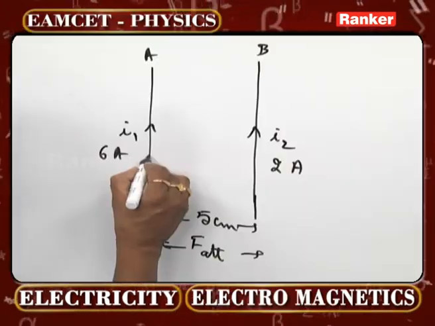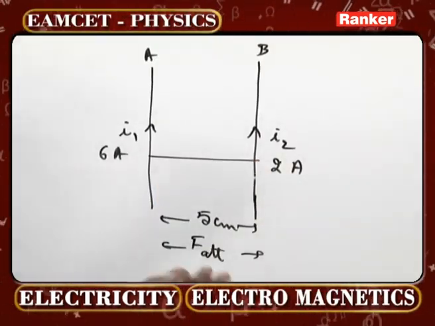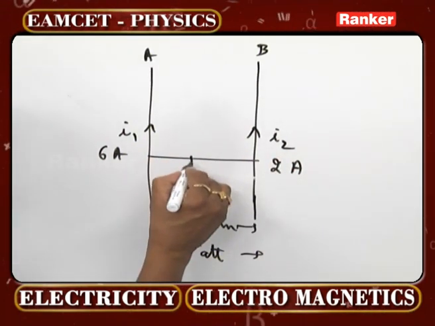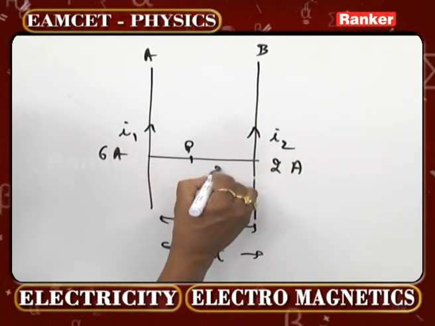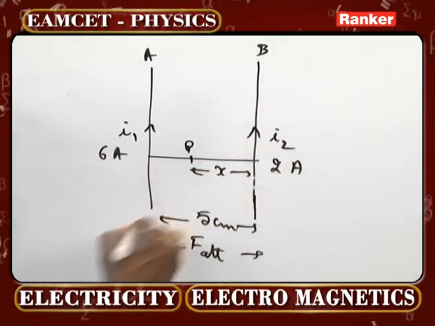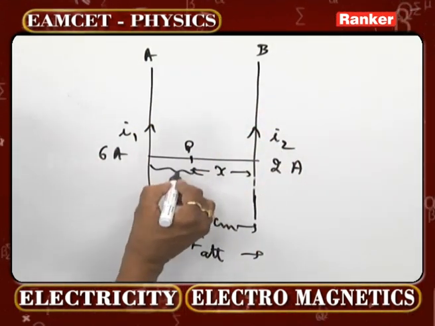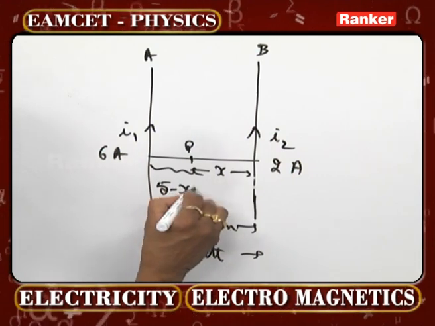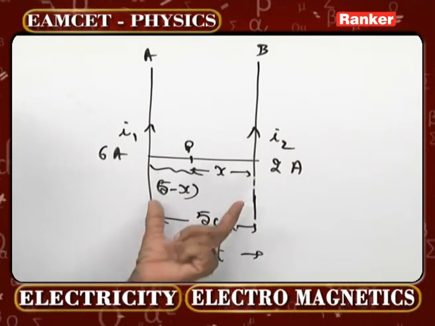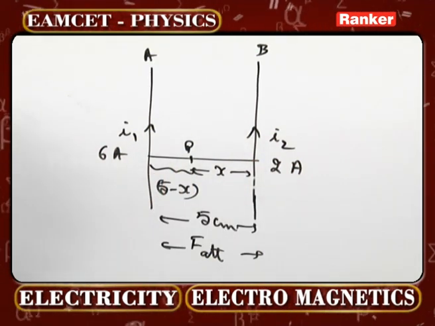Field is 0 means what? This is the point where the field is 0, which is at a distance x from B. Then what is the remaining distance over here? Is it not 5 minus x? Because total length is 5. This is x, so this will definitely be 5 minus x.